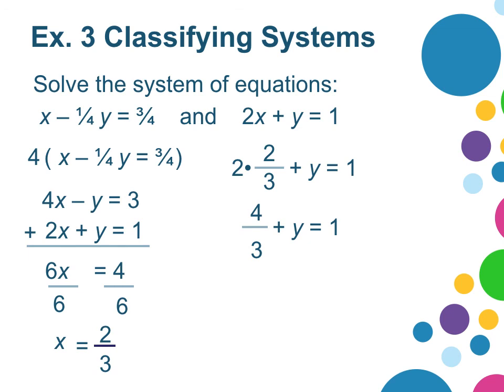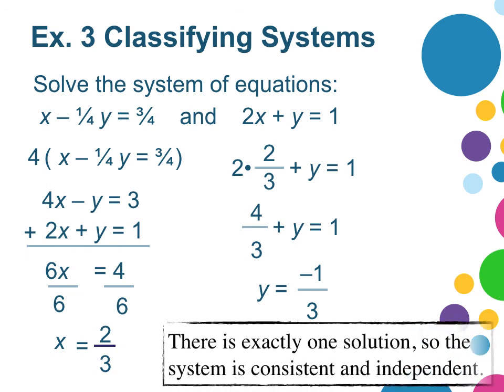We'll subtract 4/3 from both sides. 4/3 taken away from 3/3 is negative 1/3. So I do have a point of intersection, namely 2/3 comma negative 1/3. So because there's exactly one solution, we call this system consistent and independent.